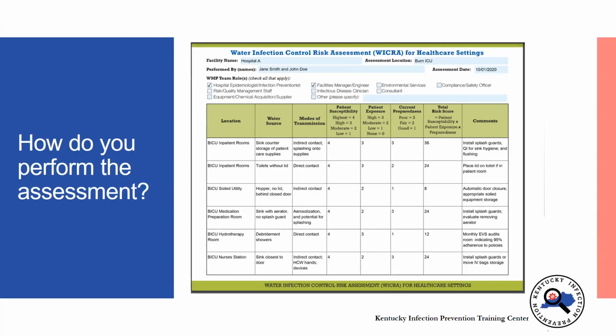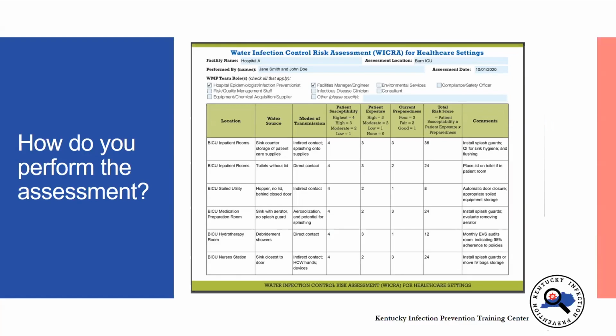What are sources of the water? What were some of the indirect contact that they could have had? And then what were some of the patient susceptibility, exposure, preparedness? In this scenario, you take those highest to lowest and you multiply that across to develop your total risk score. And then they put some comments to what are some things that they could do to decrease that risk.